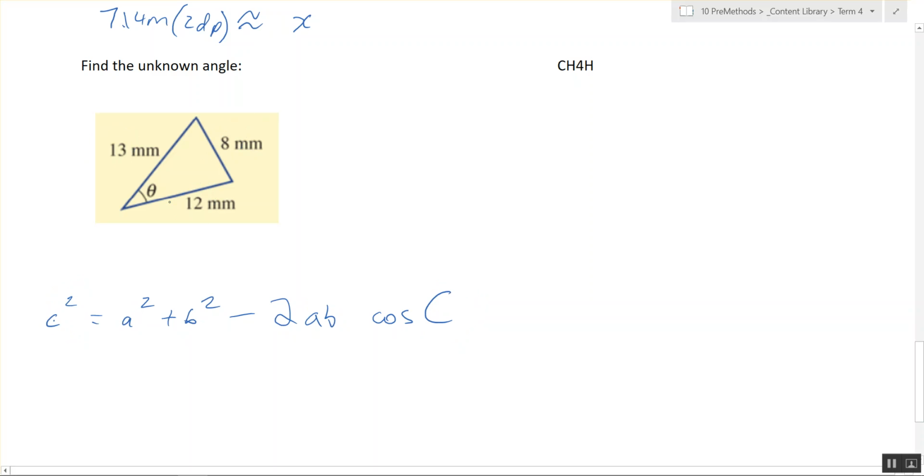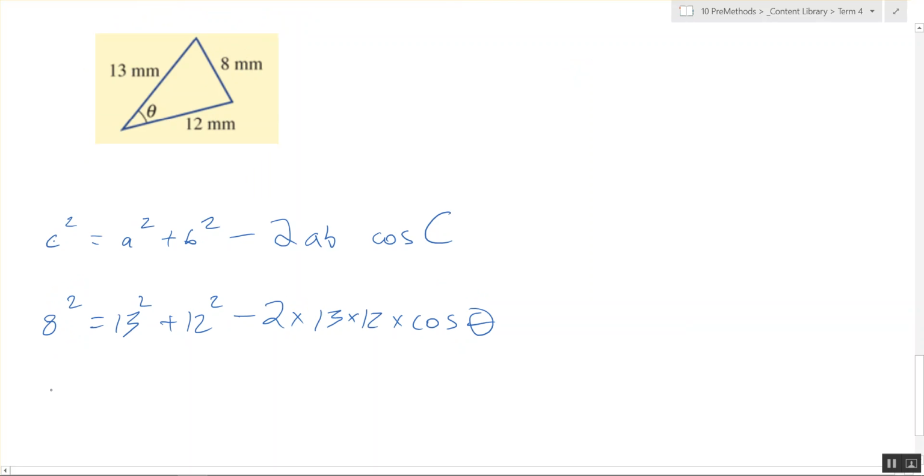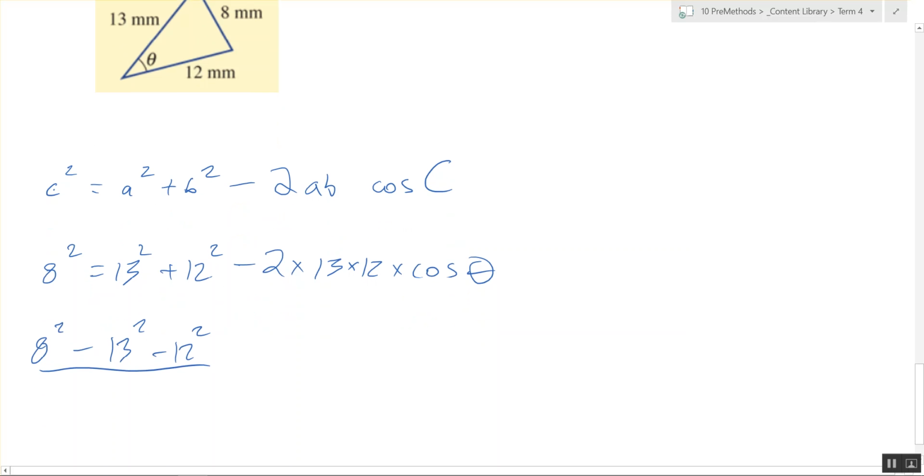Okay, we sub them all in. All right, so then we do 8 squared minus those divided by all of that equals cos, this is meant to be a negative.